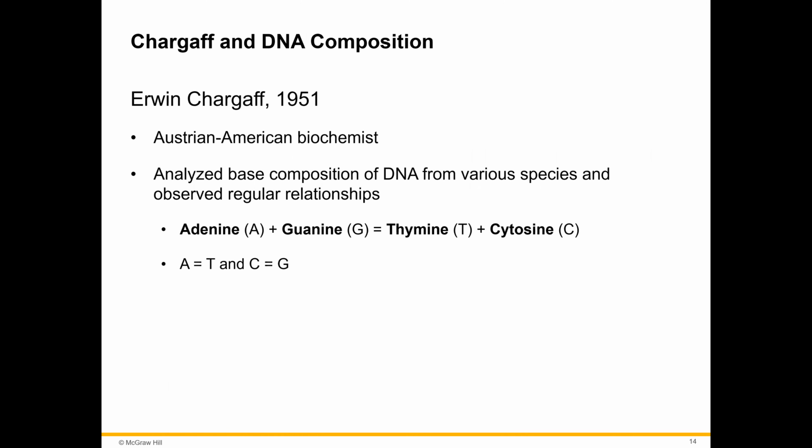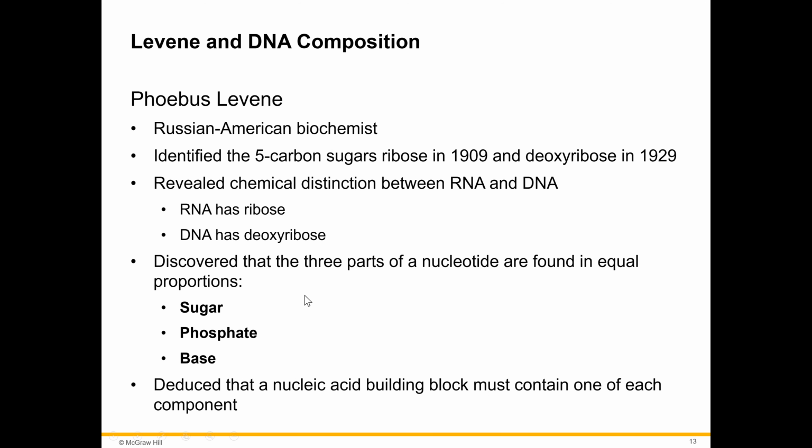Then Erwin Chargaff in 1951, an Austrian-American biochemist, analyzed the composition of DNA from various species and observed a regular relationship. Levene said it should be a building block, and really, this building block is the nucleotide, right? So DNA is made of nucleotides.